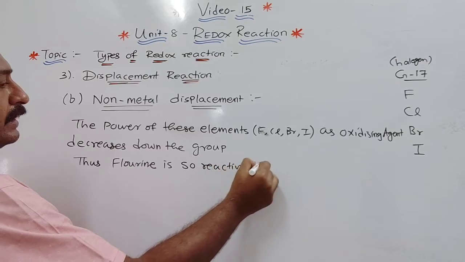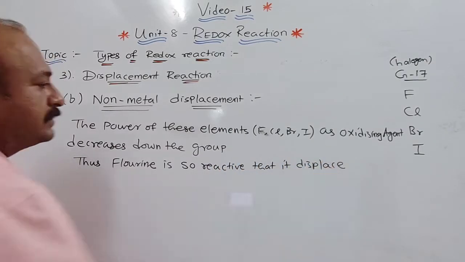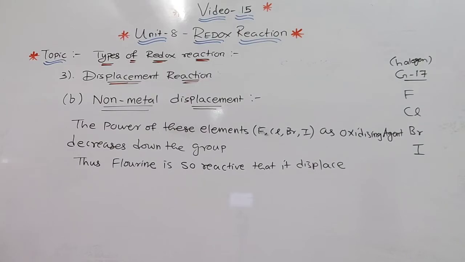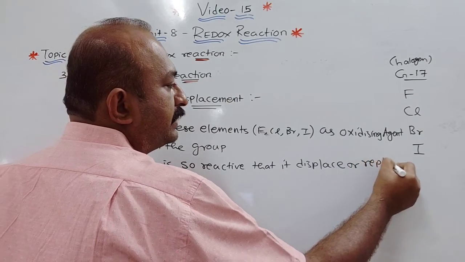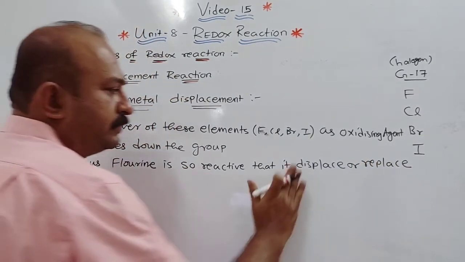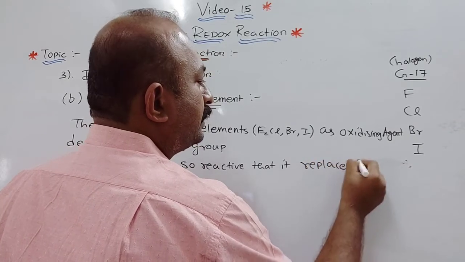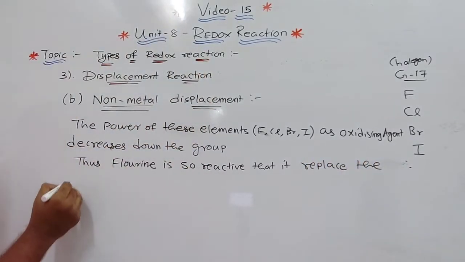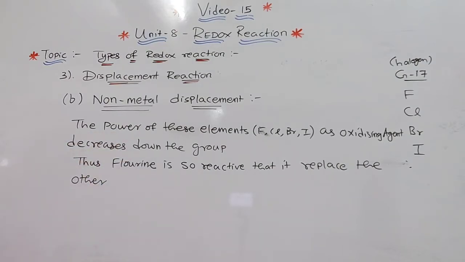reactive that it will displace or replace the other halogens, that is, chlorine, bromine and iodine.